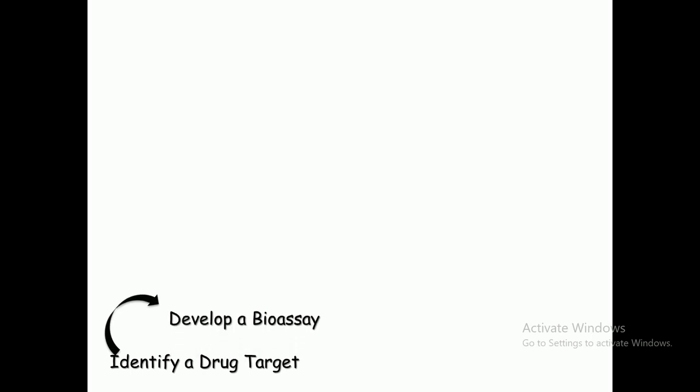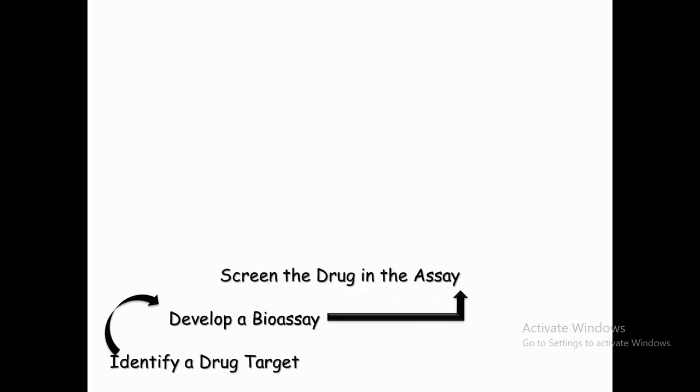It might be in vitro, in vivo, invasive, non-invasive, ex vivo, or in silico, according to availability. After this we will plan to screen the drug in the assay to check its purity, its safety, and its efficacy.